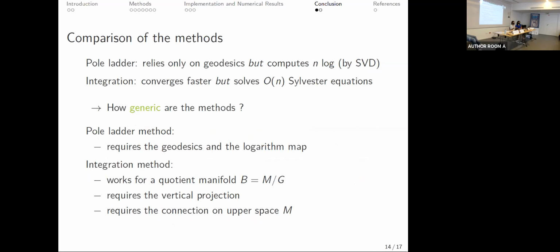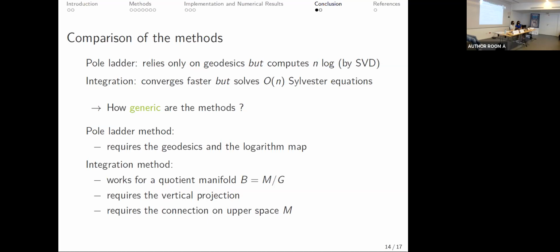But in terms of computational cost, it's a bit different, because the cost of the integration scheme grows proportionally with the order of the method, since we have to solve the Sylvester equation at each step. Then we already know that the pole ladder method is quite generic, because it only uses the geodesics and the logarithm map. So for any space, a good implementation of the geodesic is in fact sufficient.